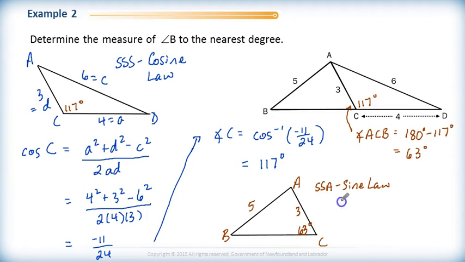Therefore, we have sine of angle B over 3 equals sine of angle C, 63 degrees, over 5. So sine of angle B is equal to 3 sine 63 degrees divided by 5. I'll need to finish this on the next slide.